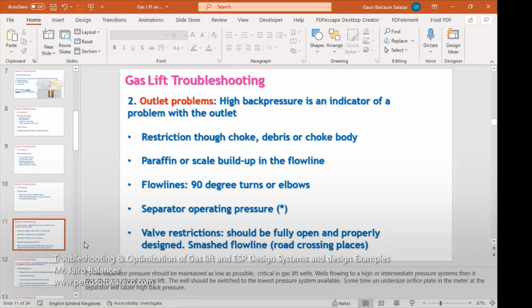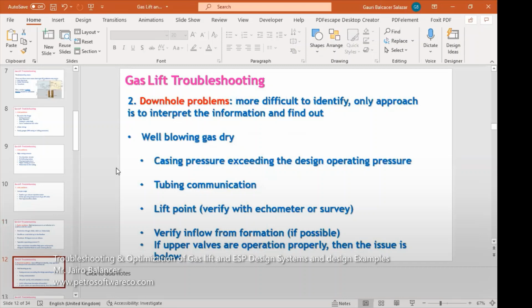And valve restriction: all the valves should be fully open and properly designed. Smashed flow lines or road crossing places should be checked and remediated in case there's a problem. Downhole problems are more difficult to identify.